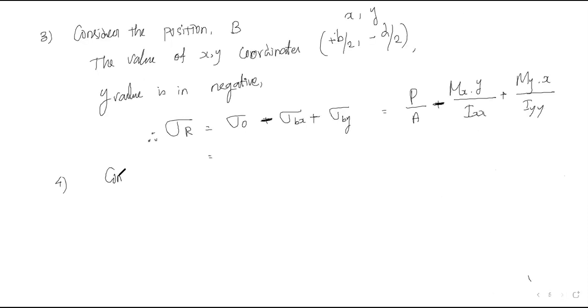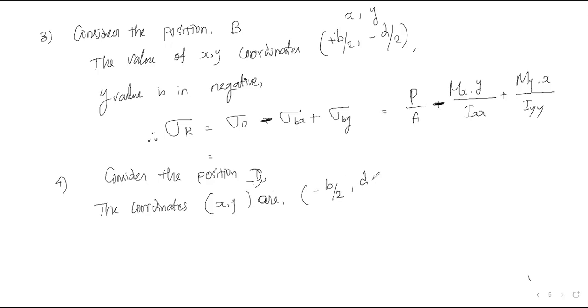So consider the position D. Here the coordinates x comma y are minus b by 2 comma plus d by 2, such that the x value is negative and the y value is positive.